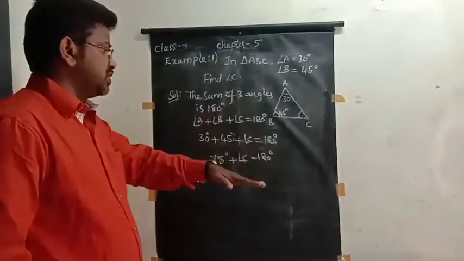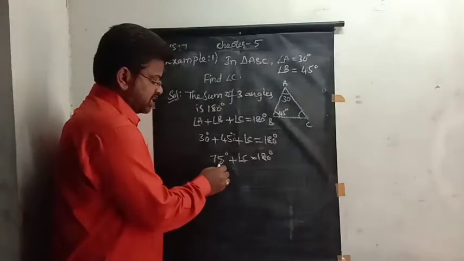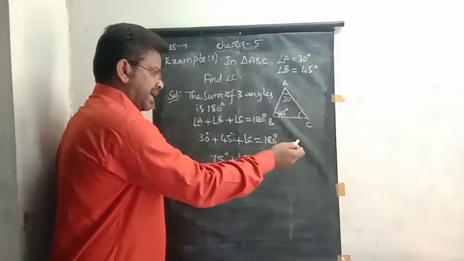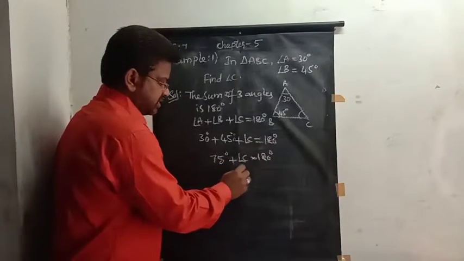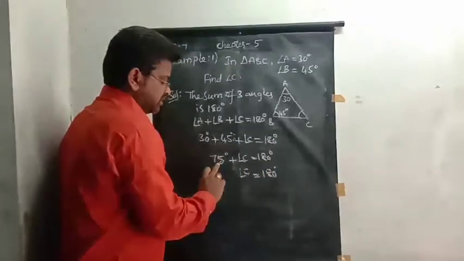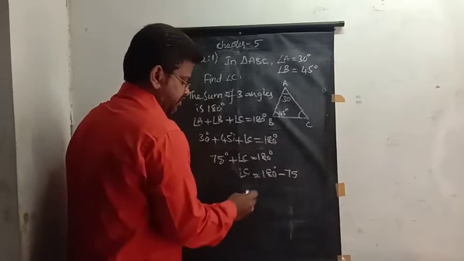You know the transposition. By using transposition, we take the 75 degrees from the LHS to the RHS. So then we get angle C equals 180 degrees minus 75 degrees. When we transpose 75, it was a plus, it is minus now.